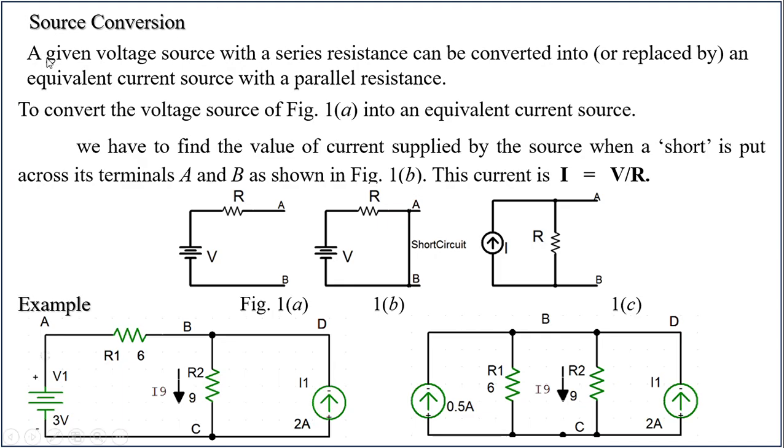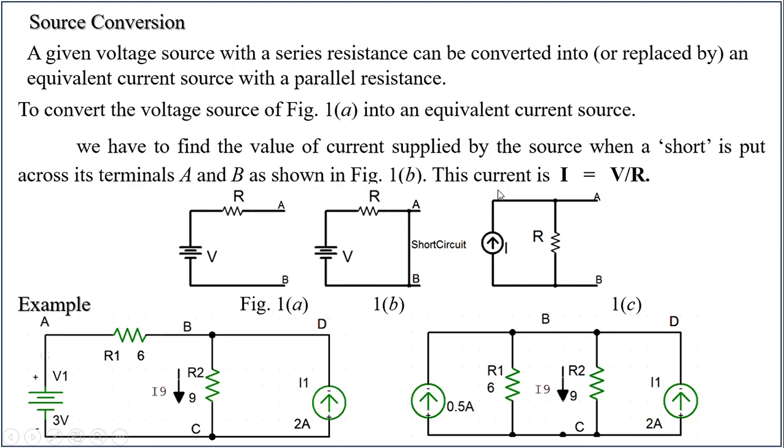According to this, a given voltage source with series resistance can be converted into a constant current source in parallel with the resistance. Means if you see a voltage source and resistor, you can convert that into a current source in parallel with this resistor.